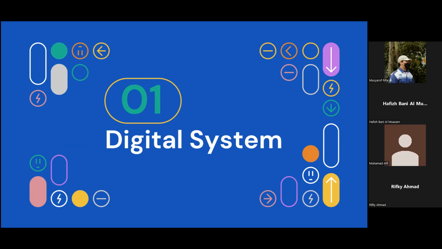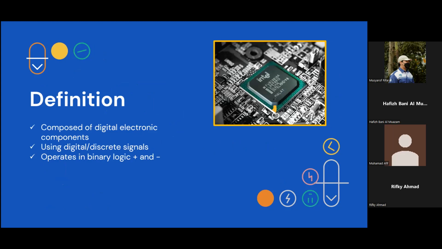It is a system that functions to measure a fixed or irregular value in the form of digits of numbers, for example, integers and fractions. Definition: a composite of digital electronic components using digital or discrete signals and operating in binary logic, plus and minus.